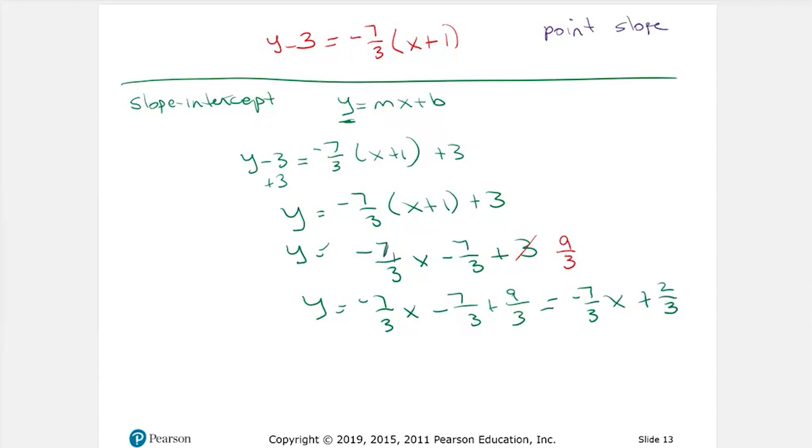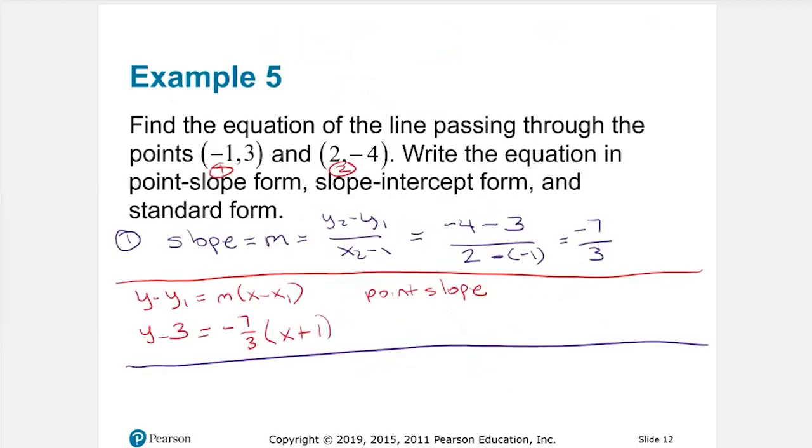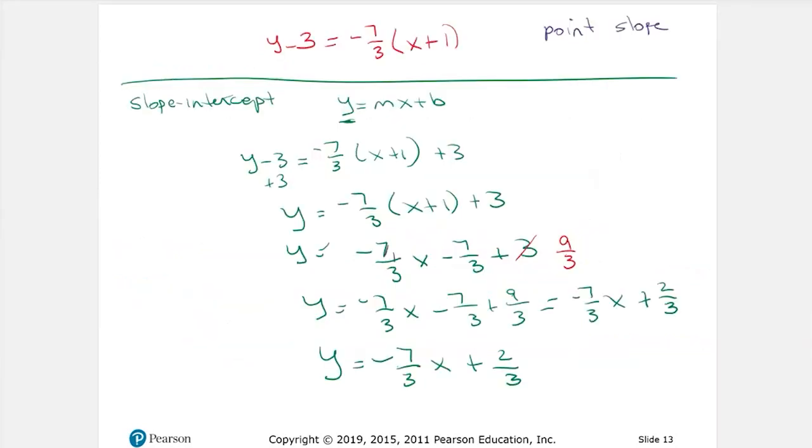So my slope intercept form is y equals -7/3 x plus 2/3, right? Because our slope was -7/3. Yes, that worked out well.